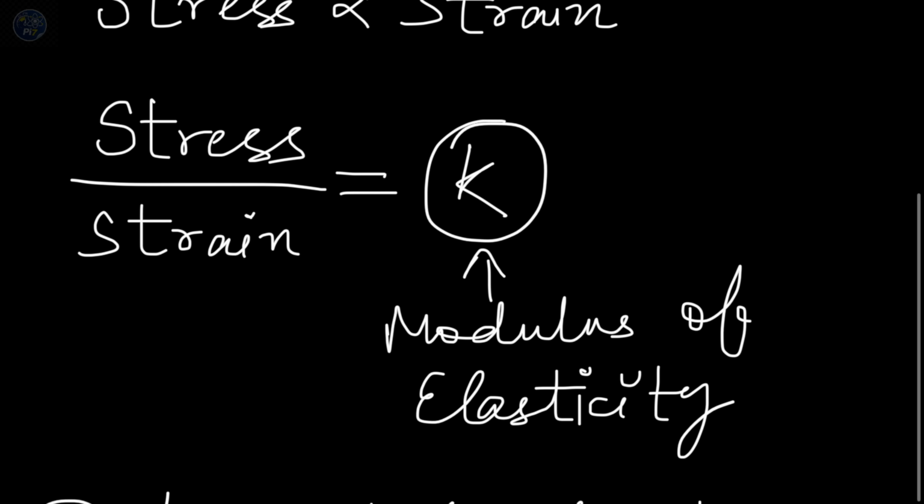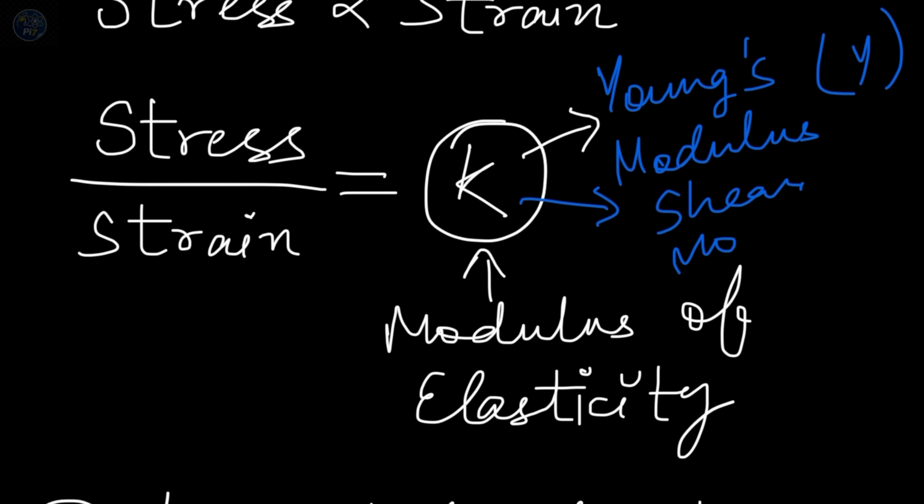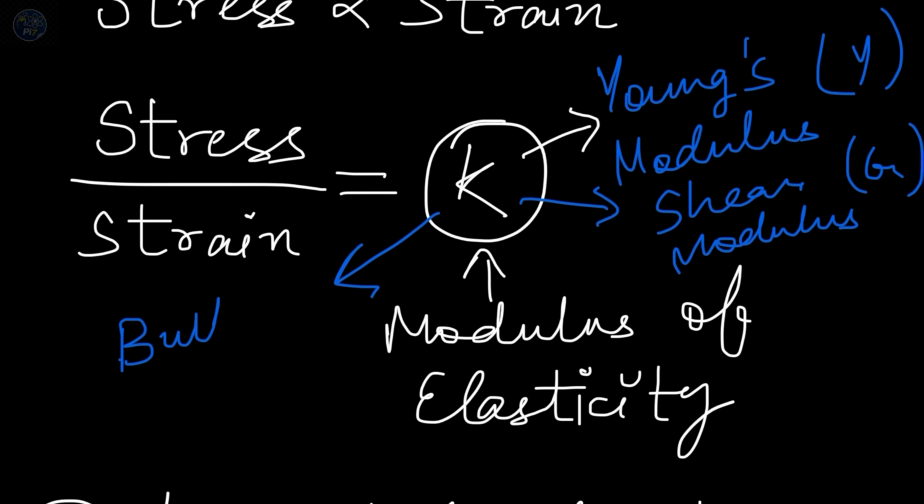See, in case of longitudinal stress, the modulus of elasticity is called the Young's modulus and is denoted by Y. In shearing stress, this modulus of elasticity is called the shear modulus and is denoted as G. And when there is hydraulic stress, then this modulus of elasticity is called the bulk modulus, which is denoted as B.